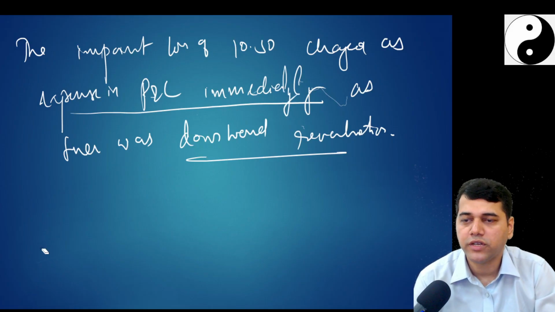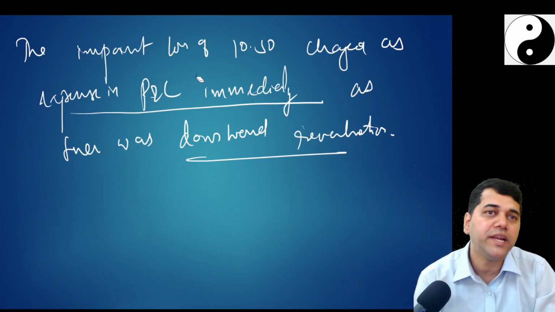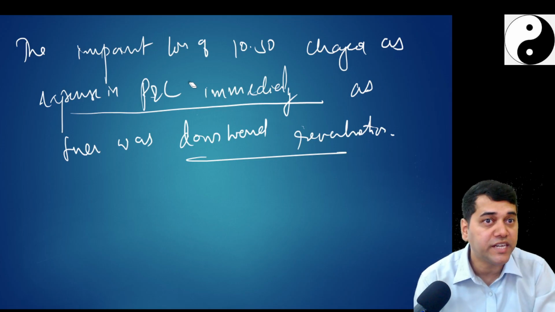So you're going to tell that, look, whatever impairment loss you incurred now, you charge to P&L account. This is the accounting treatment.